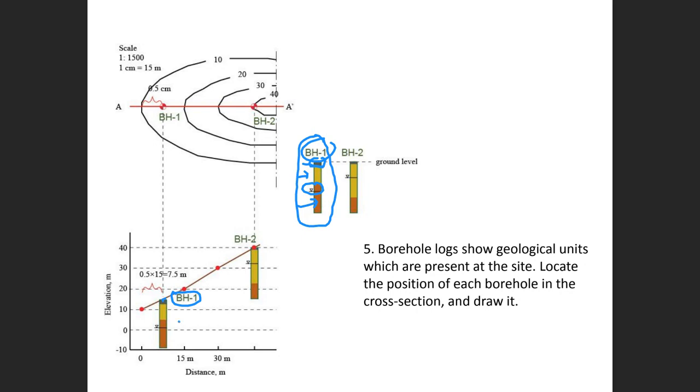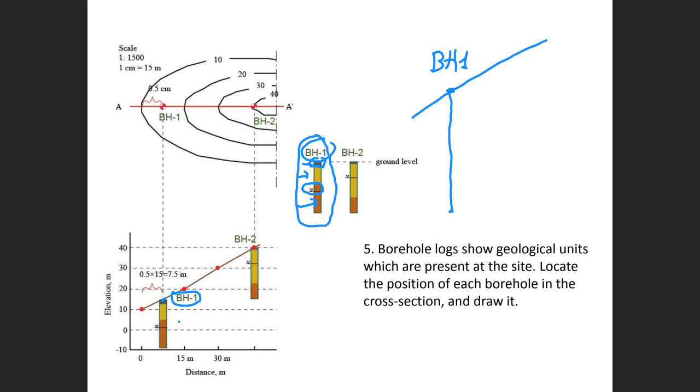Then you either draw it as here, where you use color to show the material, or, if this is your surface and this is your BH1, you can write BH1 and just draw a straight line.